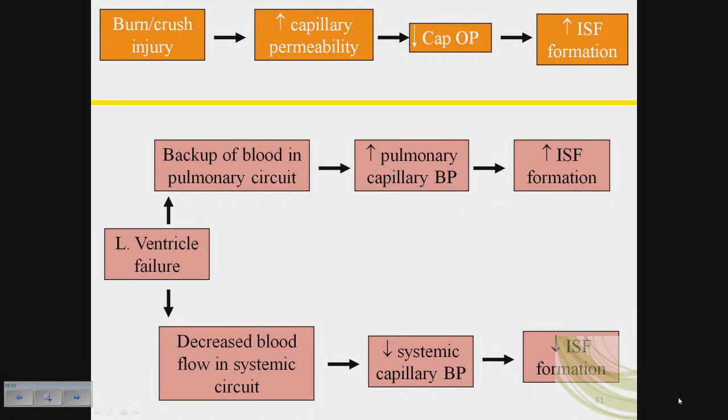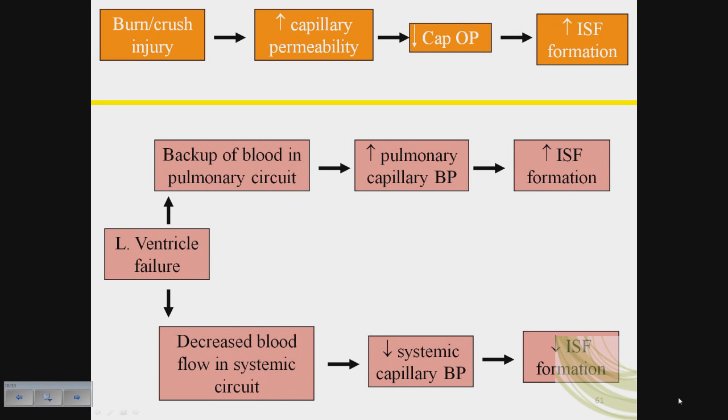So the total number of plasma proteins is fine. The issue is not with the liver. The issue is at the capillary bed where they are more leaky. So for testing purposes, I'm going to renege on what I said earlier. I'm sorry about that, but I want to be very clear.